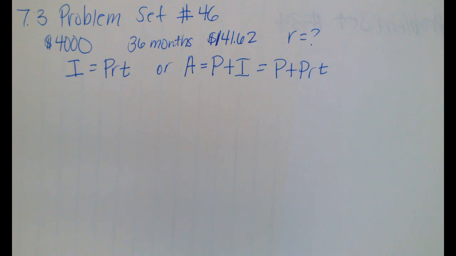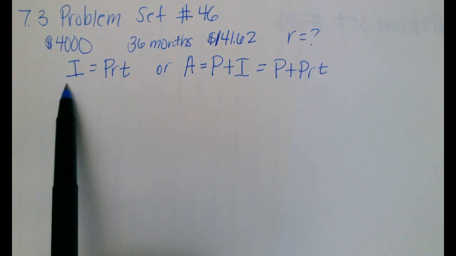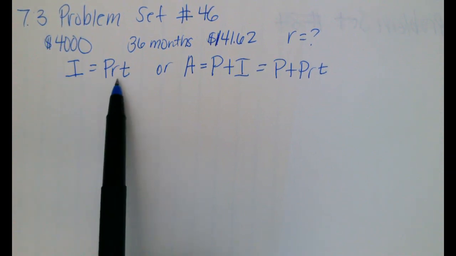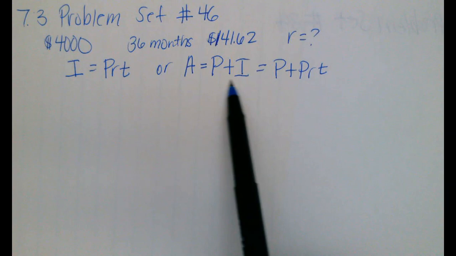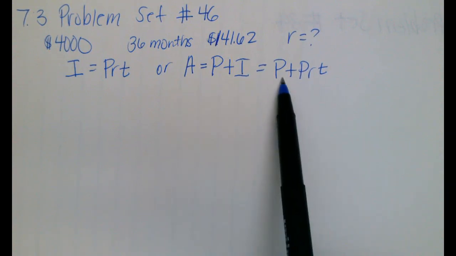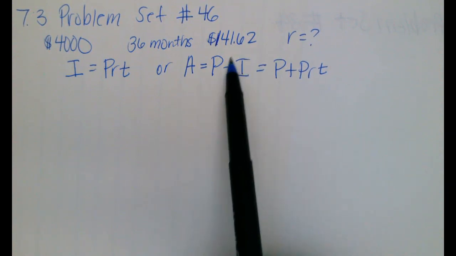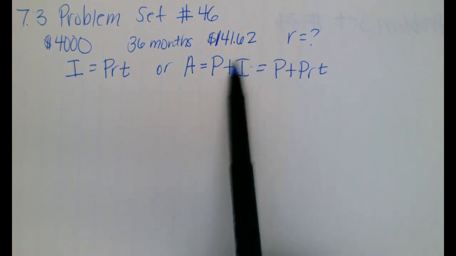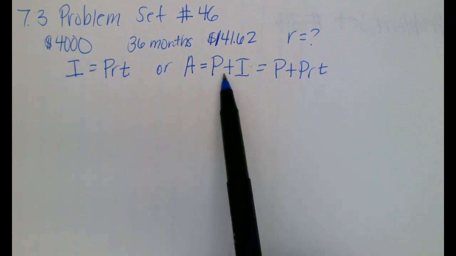I'm going to give you a minute to write those down, and I'm going to explain these. This is on your formula sheet, and this one is not. Notice all I did is change my I to a PRT instead of keeping them separate.